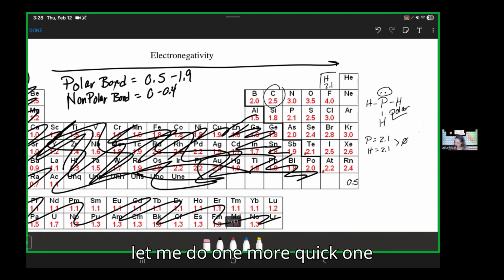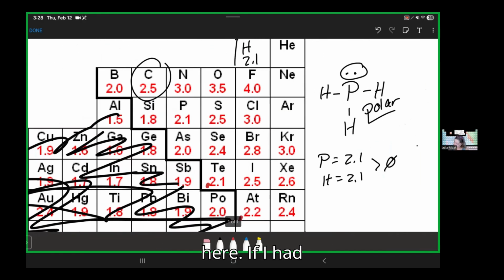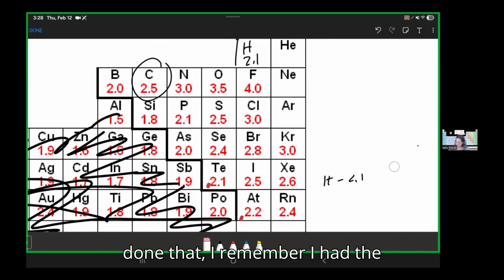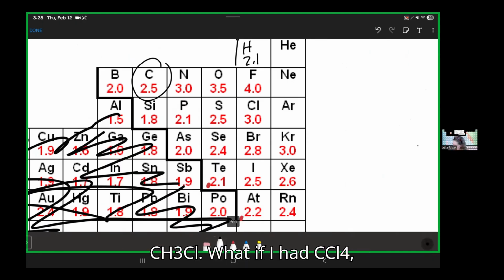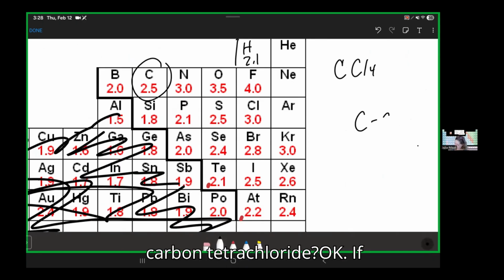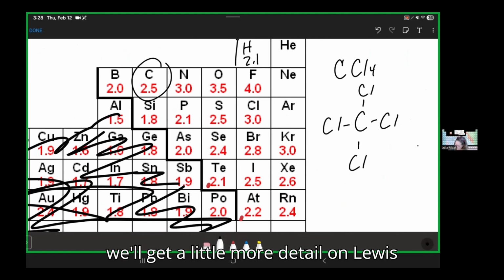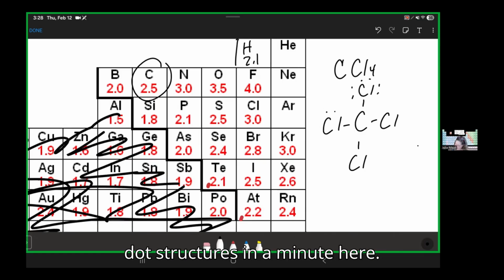Okay, let me do one more quick one here. Remember I had the CH3Cl. Well, what if I had CCl4, carbon tetrachloride? If we did the Lewis dot structure for him, and we'll get a little more detail on Lewis dot structures in a minute here.